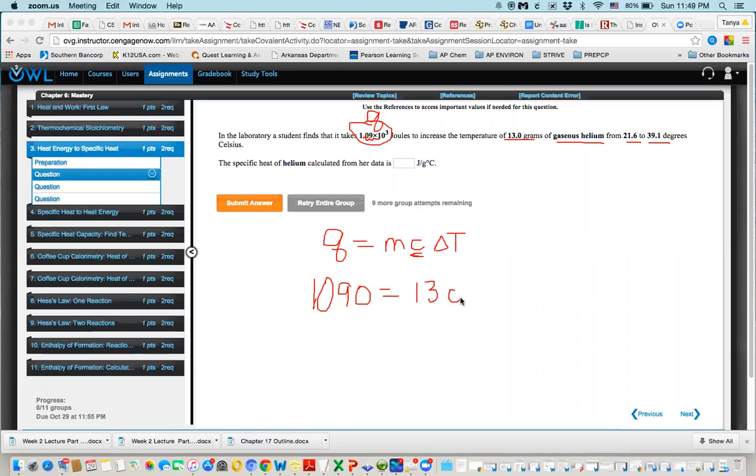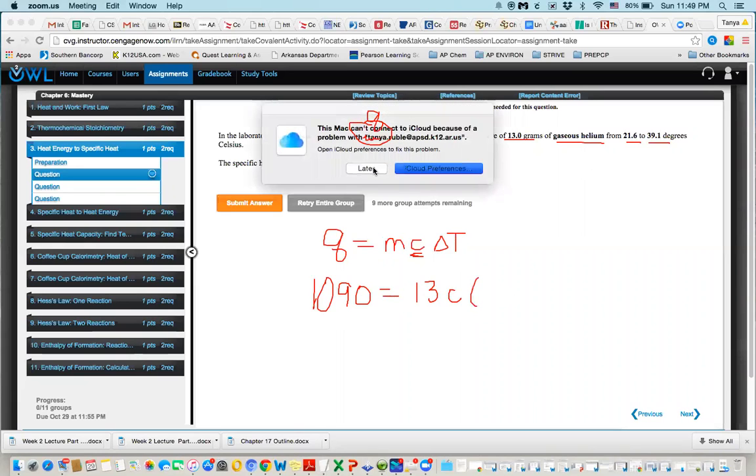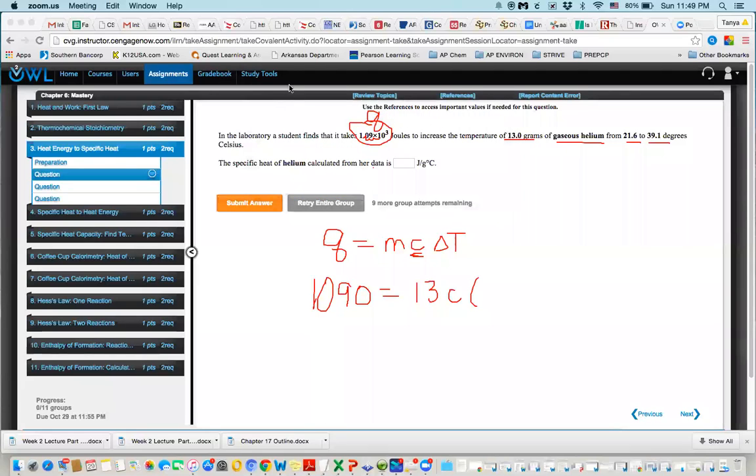C, we don't know. And our change in temperature is final minus initial. So this is our final, here's our initial. 39.1 minus 21.6, which gives us 17.5. So I'm going to go ahead and plug in 17.5 here.